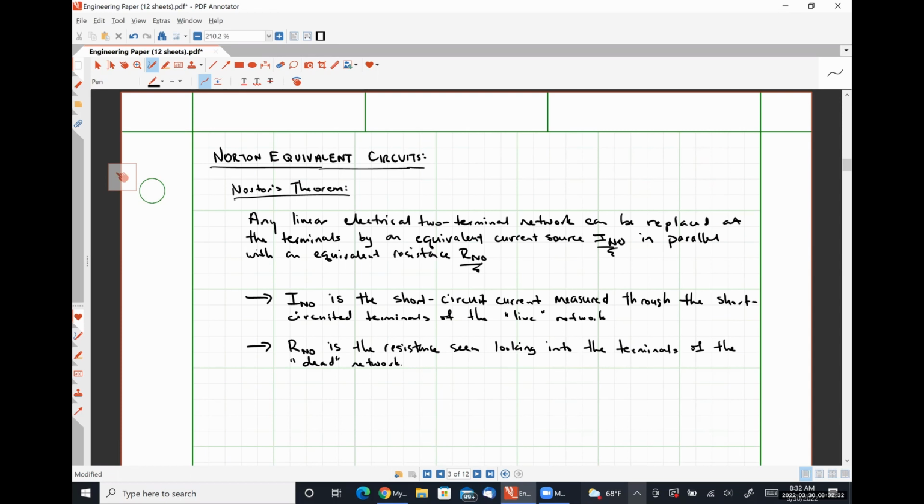Literally the exact same thing as the Thevenin resistance. Okay.